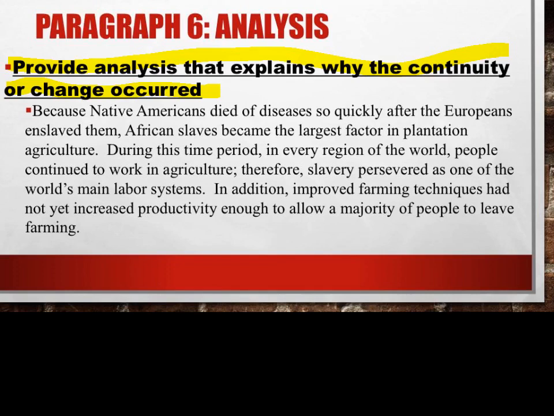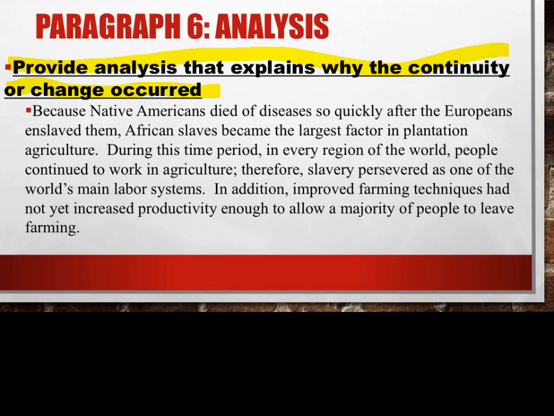In addition, improved farming techniques had not yet increased productivity enough to allow a majority of people to leave farming. Now, that further explains the continuing of agriculture, but if you think about it, at the same time, it also explains an increasing number of people going into small-scale manufacturing, but not a large number, or the majority, right? It says the majority of people had to stay with farming.